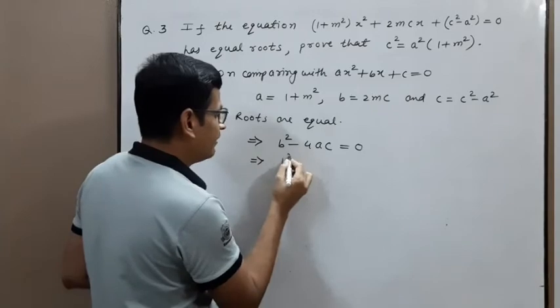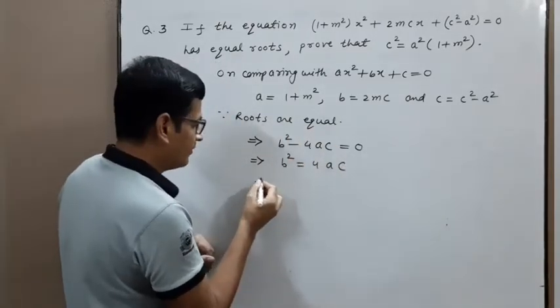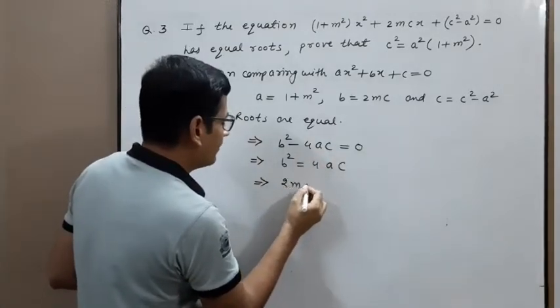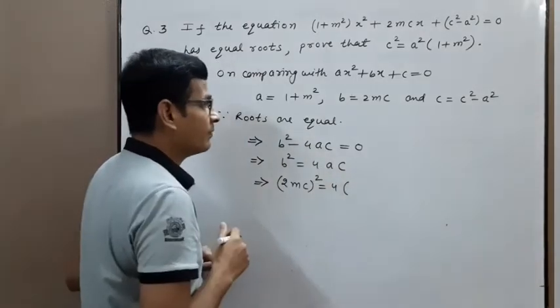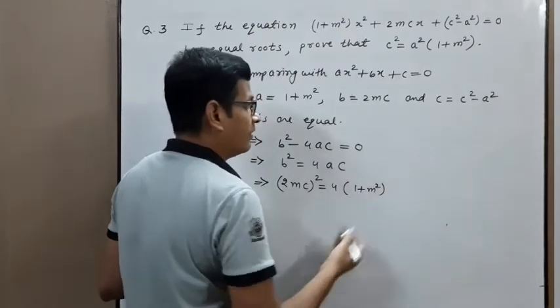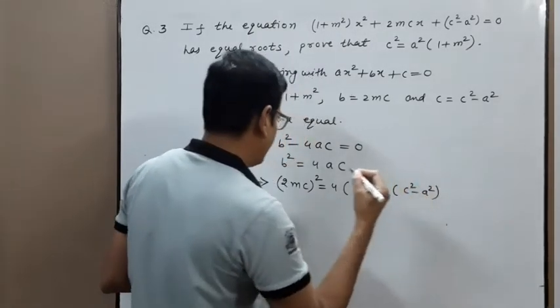You have to simplify. b square equal to, write 4ac and then put the values. b square, 2mc whole square is equal to 4. In place of a, write 1 plus m square, and in place of c, write c square minus a square.